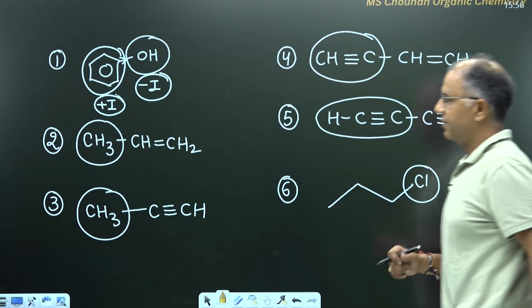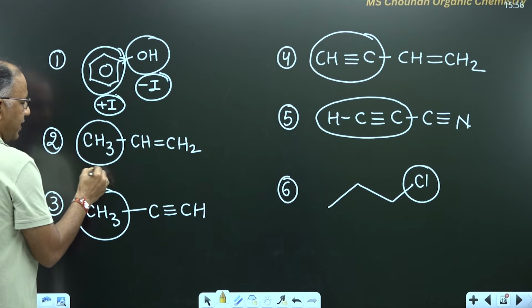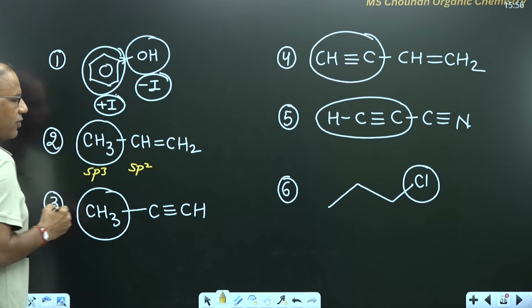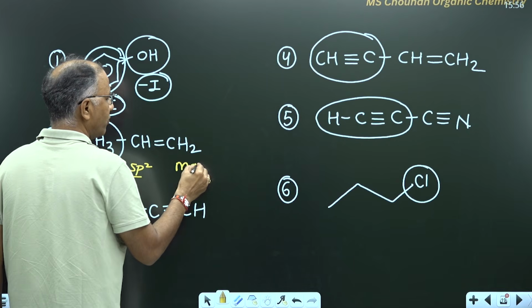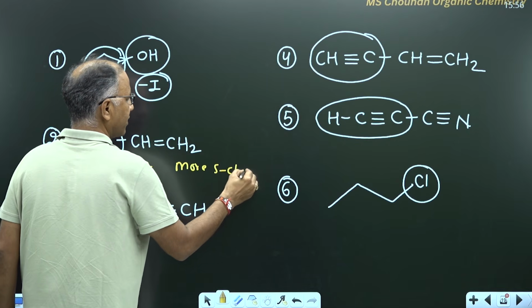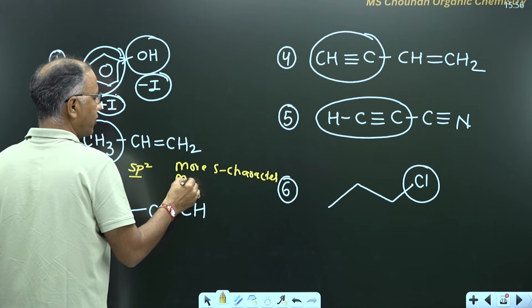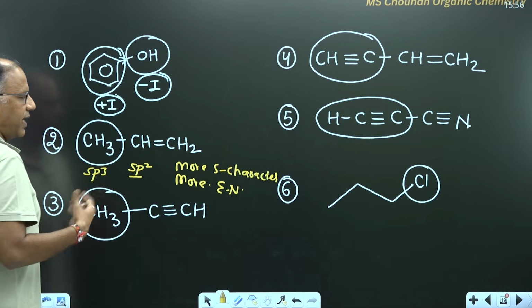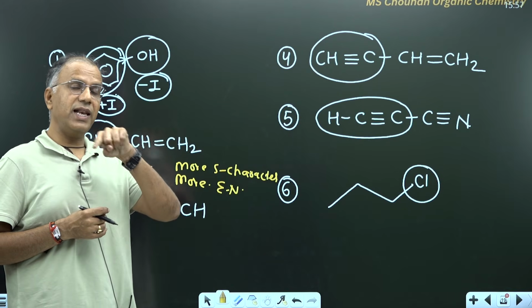Now what about the second? This carbon is sp3 and this carbon is sp2. This means which is more electronegative? sp2 is more electronegative. We can say that more S character, more electronegativity. Now, why more S character, more electronegativity? More S character means more spherical character.